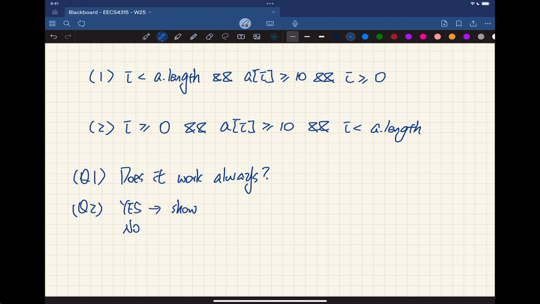If no, give me a counter scenario where things will fail, where failure or exception occurs. Think about it, and then we'll continue from here.